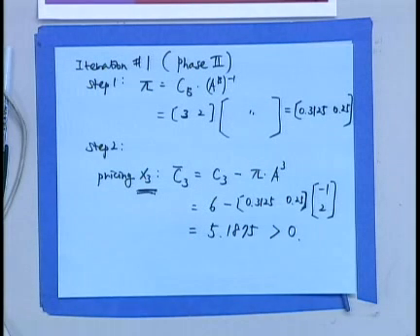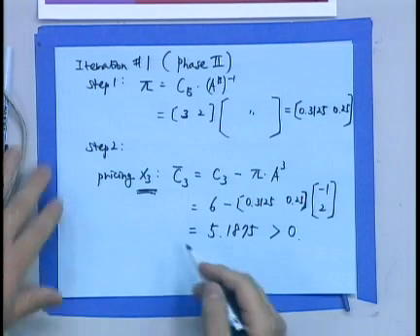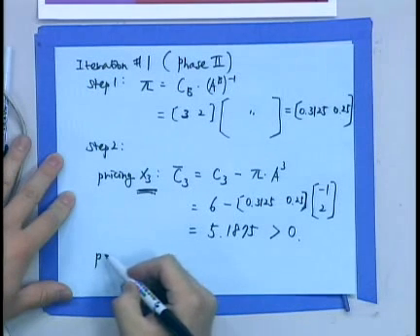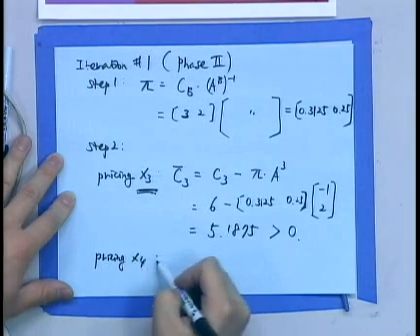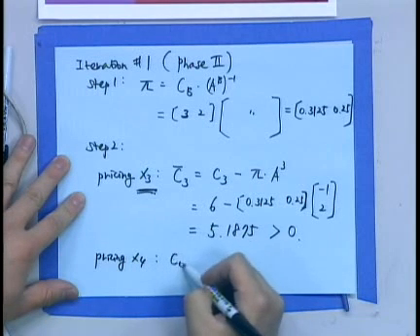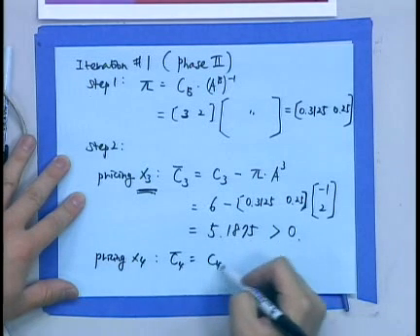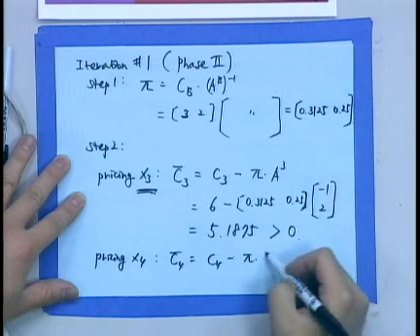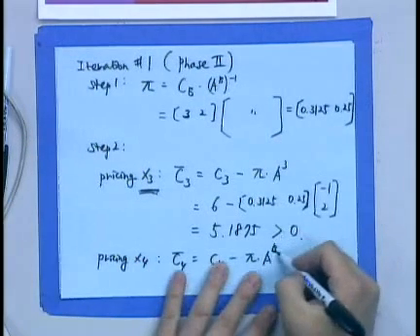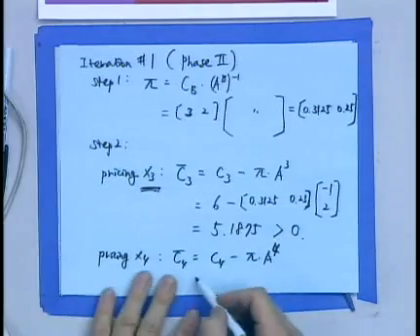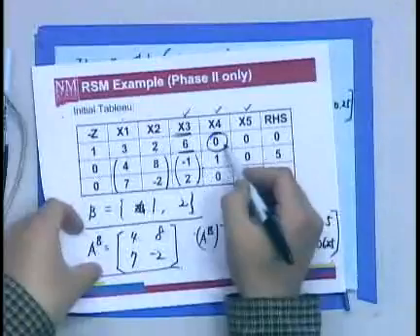Now we proceed to the next non-basic variable, which is x4, right? The reduced cost can be obtained by the same type of formula. This should be C4, right? What is C4? That is 0, right?